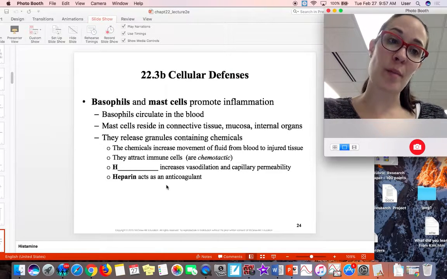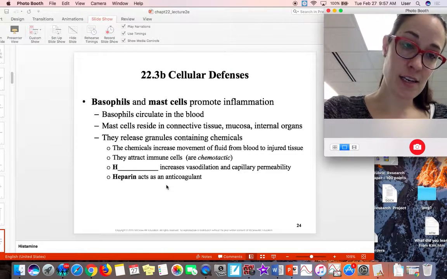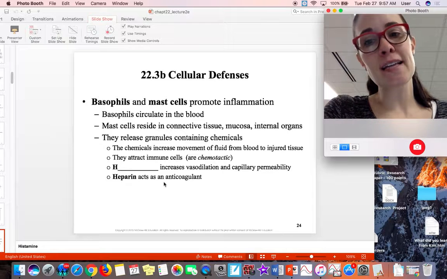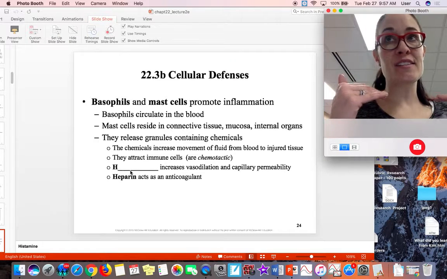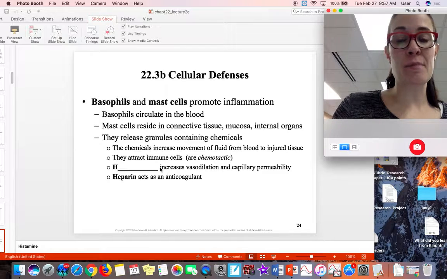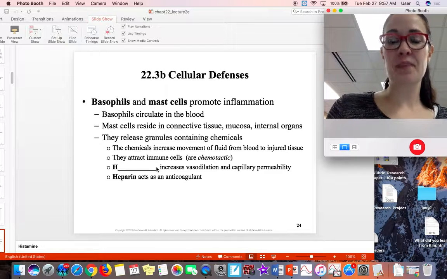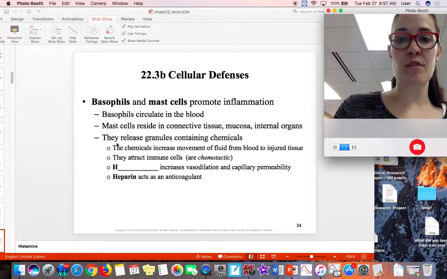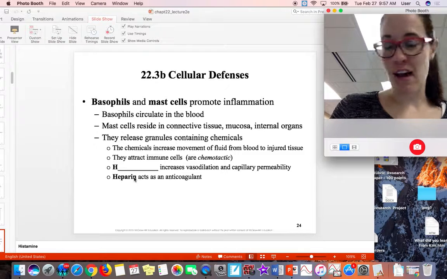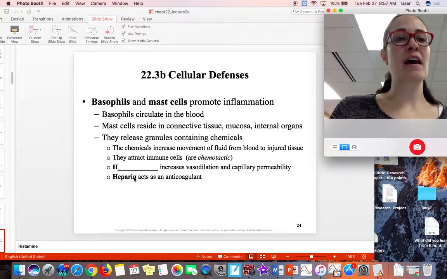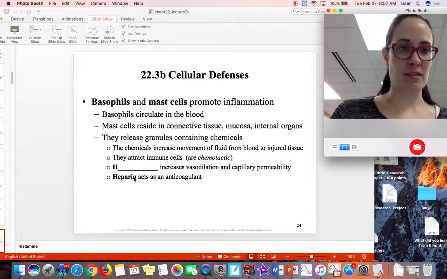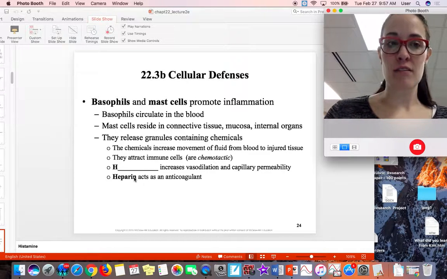Histamine, you've probably heard of an antihistamine. In allergies, you take antihistamine to dampen the effects of histamine. Another chemical released from basophils and mast cells is called heparin. I'm also very familiar with heparin. Heparin is an anticoagulant, so it prevents blood from clotting.